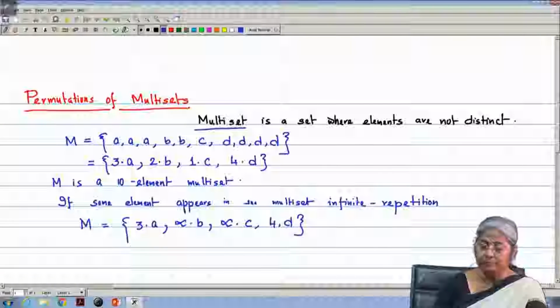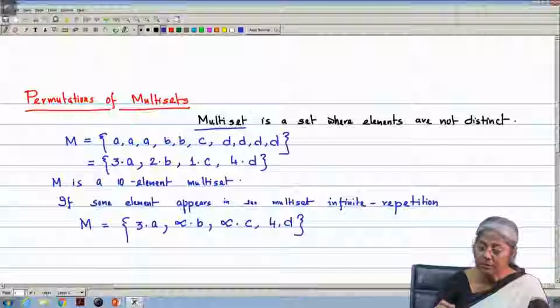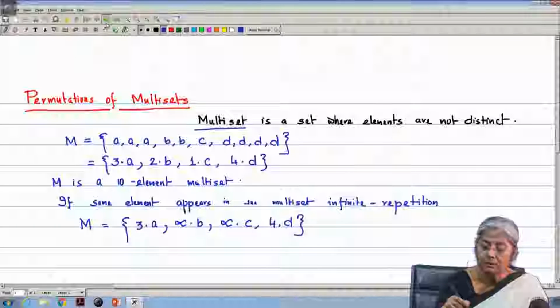Now, with this introduction we try to define the permutation of a multiset. As we have defined already, permutation is an ordered arrangement. So, we will be counting some objects when the arrangements are in order.